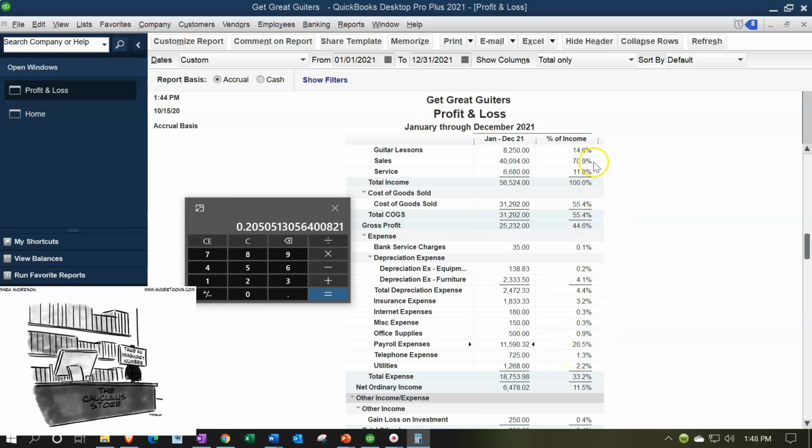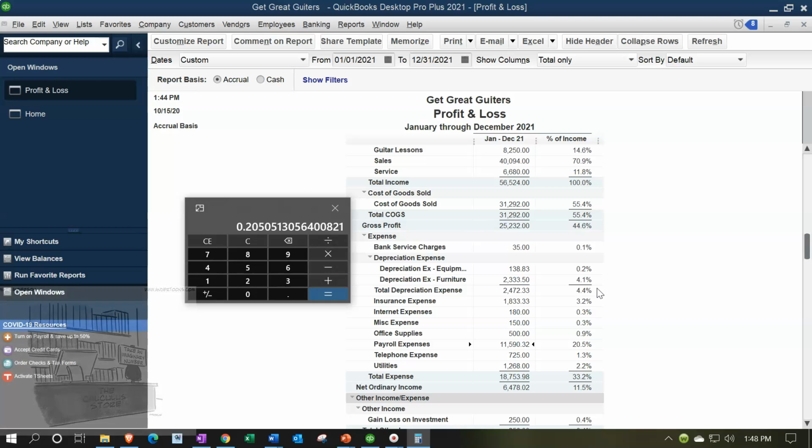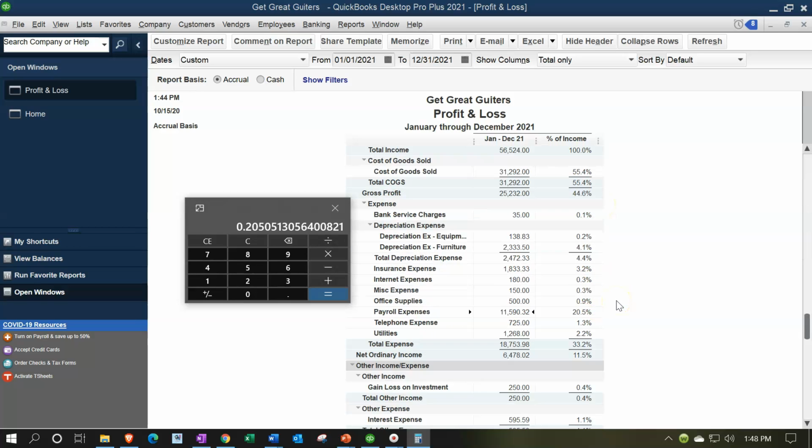So notice how you can look at this line item on the right hand side in percentages and get an idea of just basically how relevant the expenses are to our business, as well as how relevant the income is. But even the expenses down here, how relevant they are by comparing them to the income, and then we can see the relevant line items.